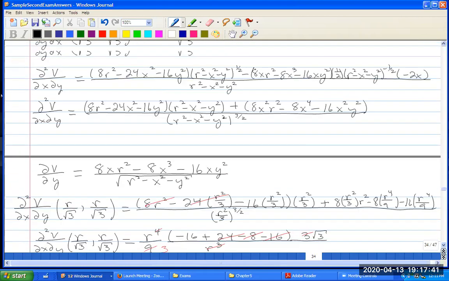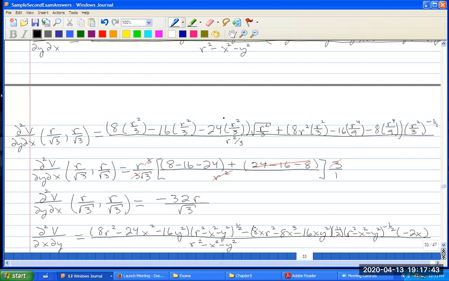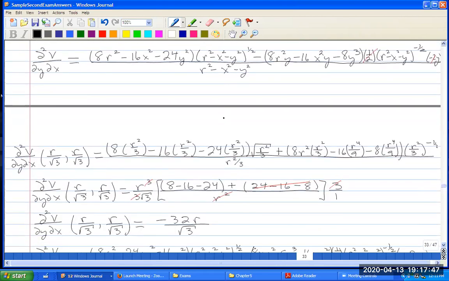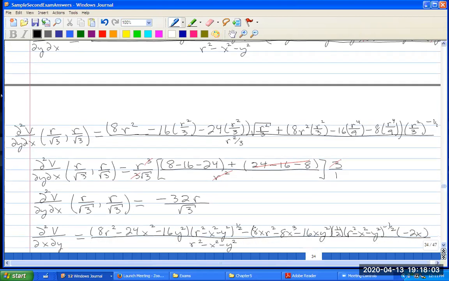Well, but let me just see if I made a mistake. I made a mistake right there. From this line to this line, that was r squared. That was just an r squared, which means if I multiply by 3, that becomes 24.